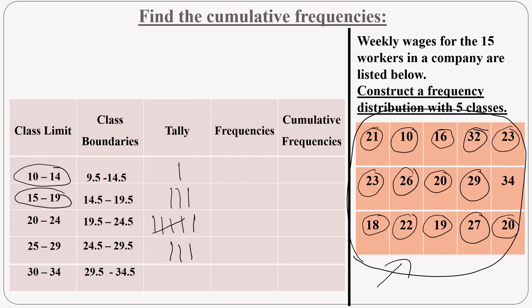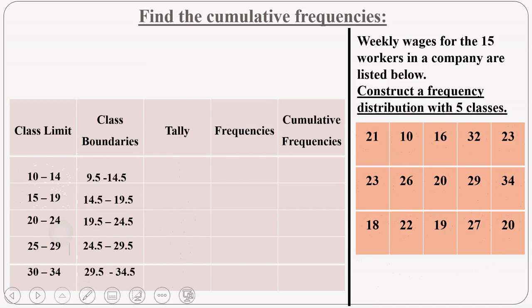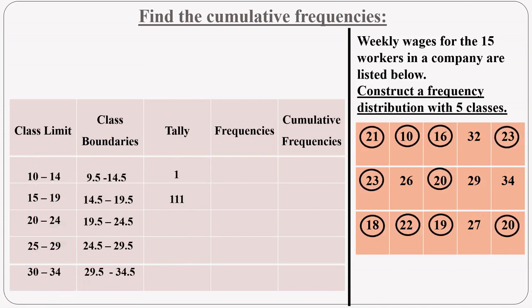See, 32, 34. So this we need to write here like this. So this is how we need to identify and calculate tally bars. So I hope this step is clear to understand. Let me erase everything. So I will show you this is the way to calculate your tally bar.